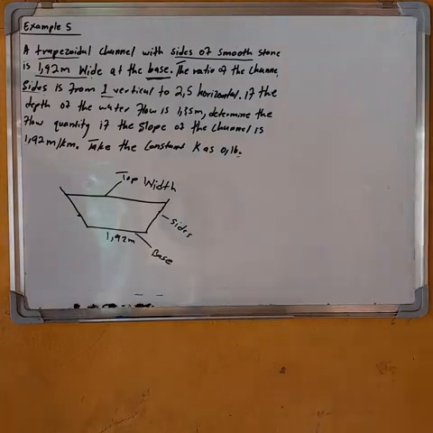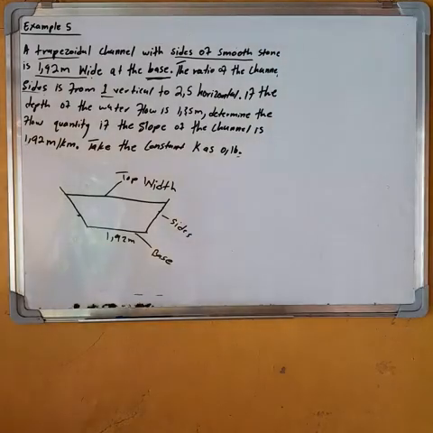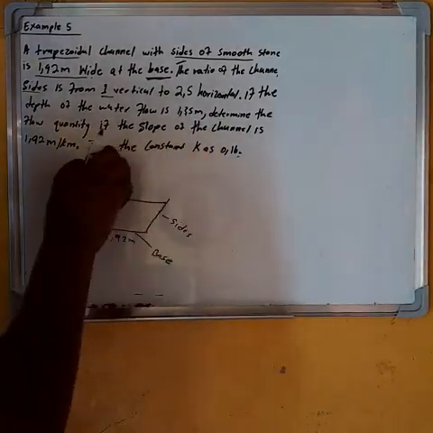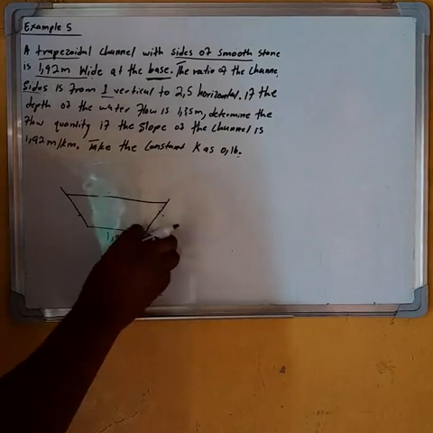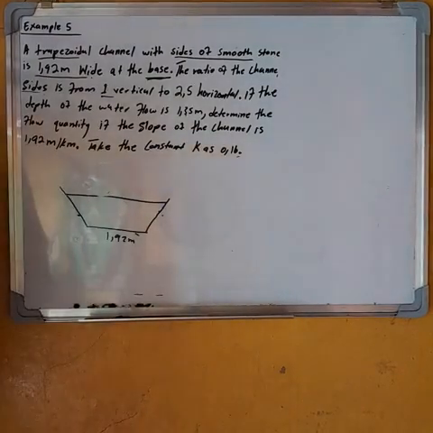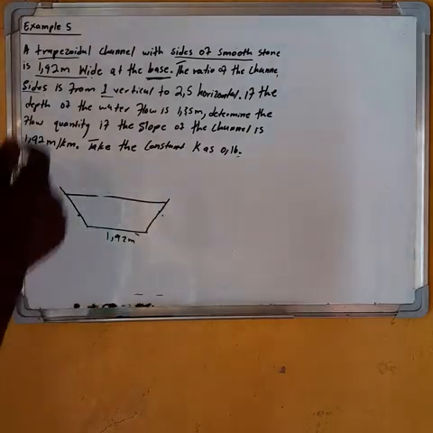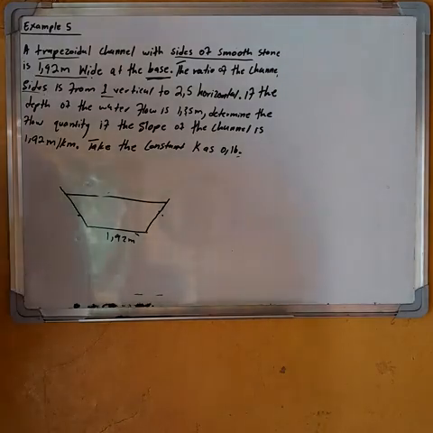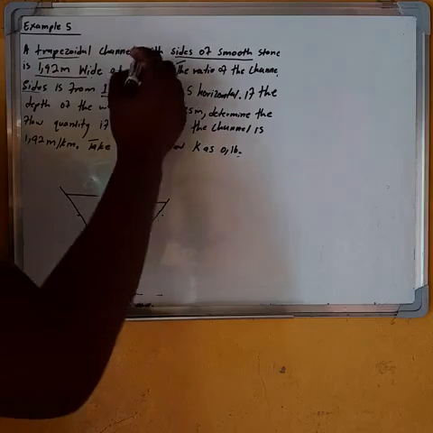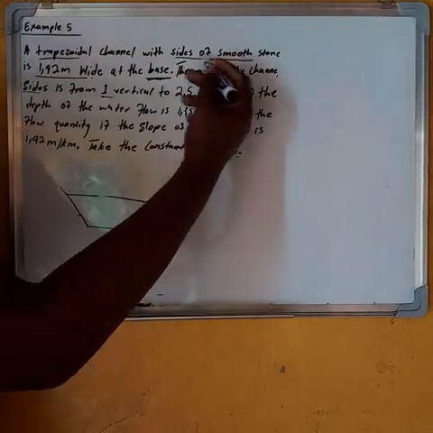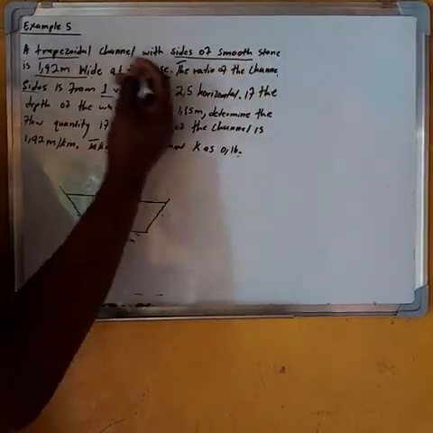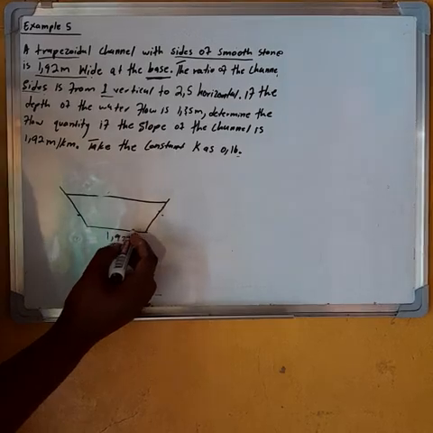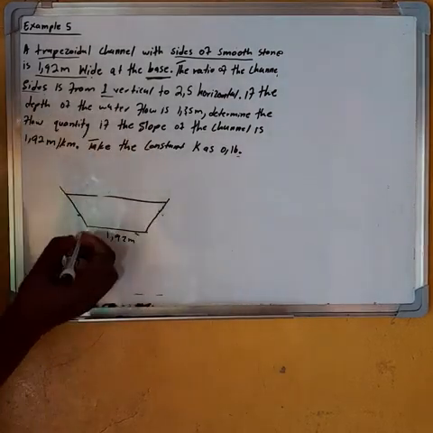Always draw this structure, even if you just do it like this. You know, this side, this base. Start by drawing whenever you encounter such a question talking about trapezoidal sides with smooth stone. Draw the structure exactly here at the base.